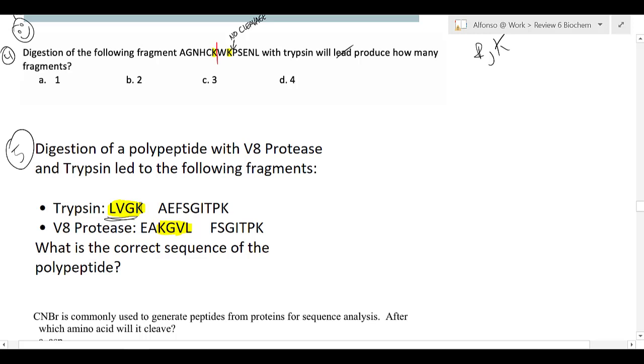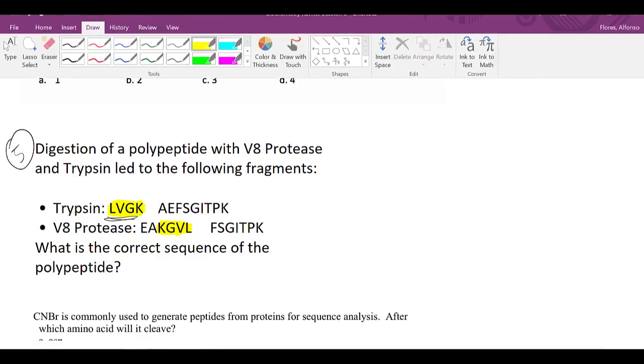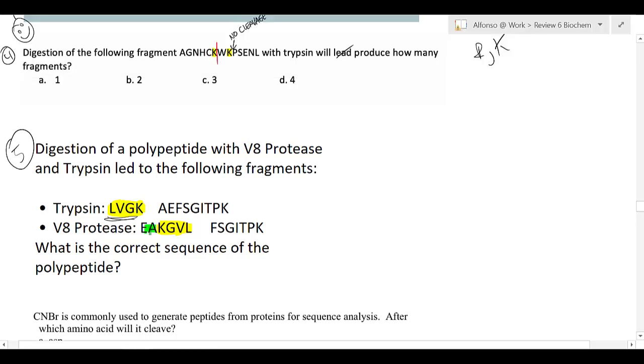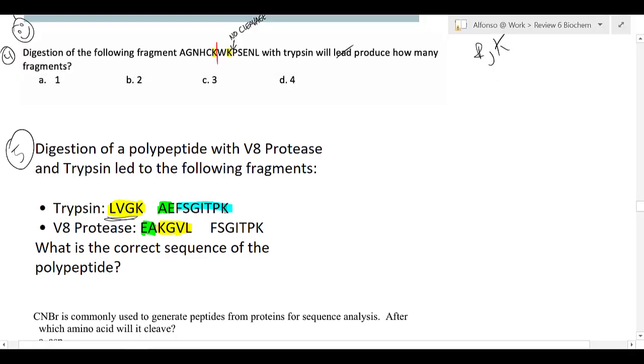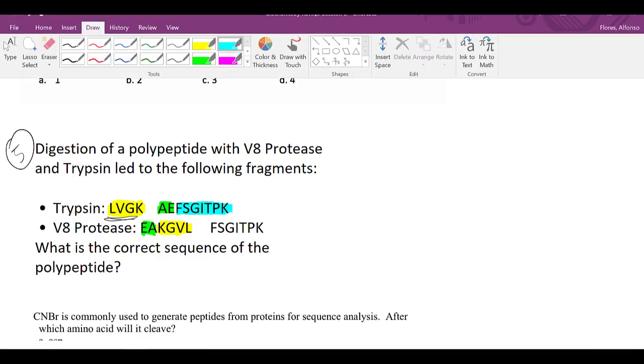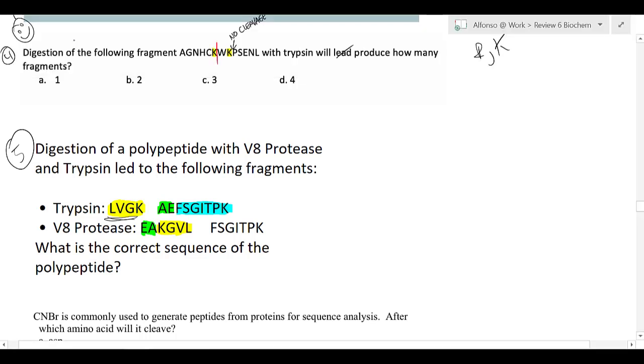What follows after this K? AE. And where else do we have AE? We have it up top right here. And what follows after E? FS. So then what is the correct sequence of the polypeptide?